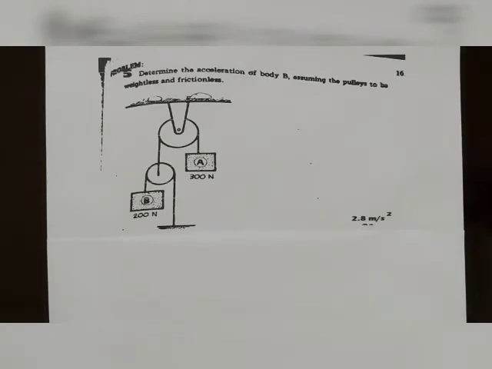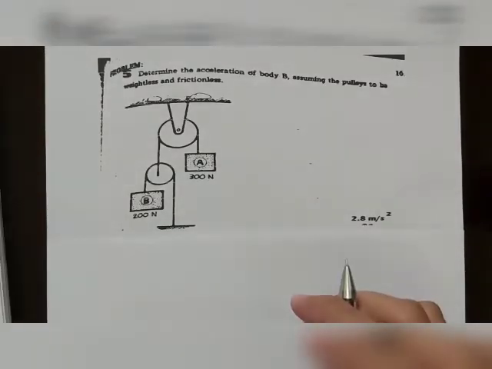Number 5. Determine the acceleration of body B, assuming the pulleys to be weightless and frictionless. Okay.